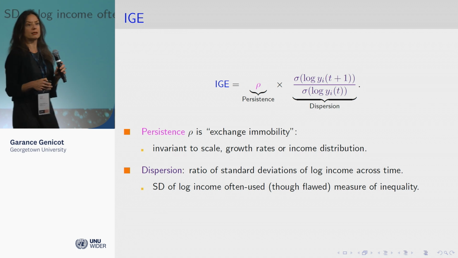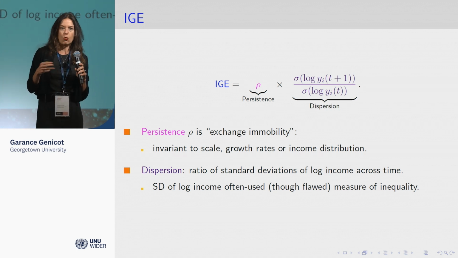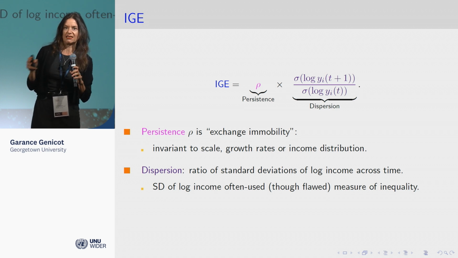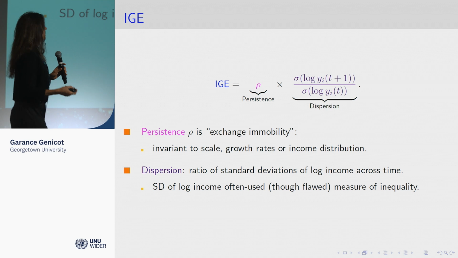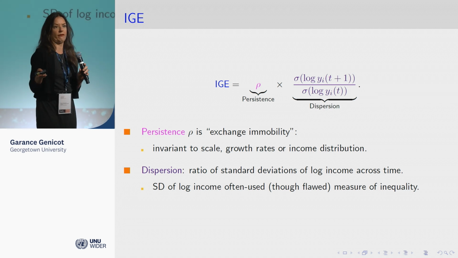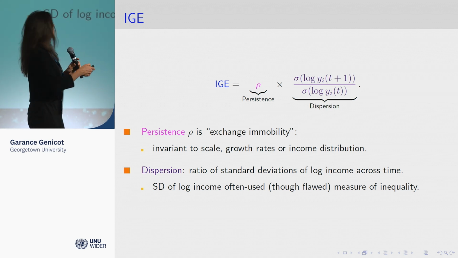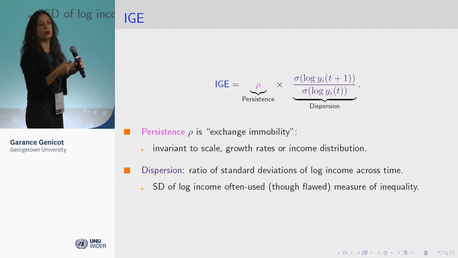Although it's not properly an inequality measure because it does not satisfy the Dalton principle, it's often a very good proxy for a measure of inequality. So essentially, this is going to be higher if inequality is increasing versus decreasing.